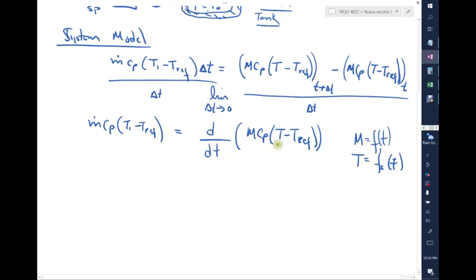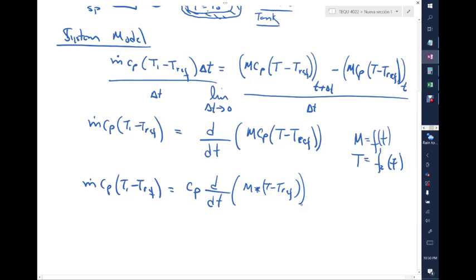Both change, so we have a sort of chain rule. Then we end up with m dot Cp (T1 minus T reference) equal to, now Cp is a constant, so we can take the Cp out, and we have the derivative of the term m times (T minus T reference).